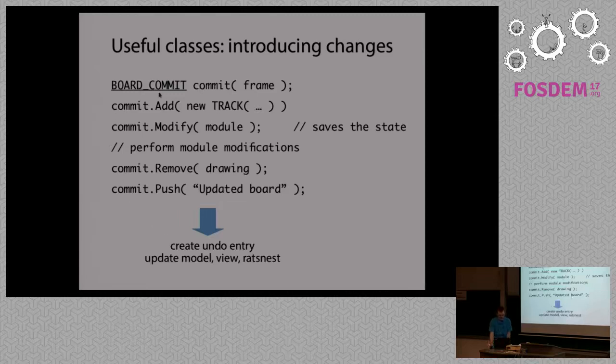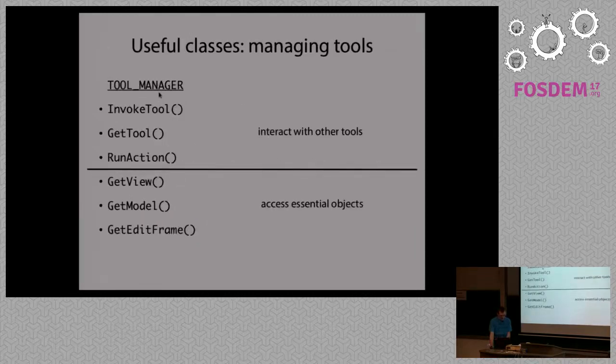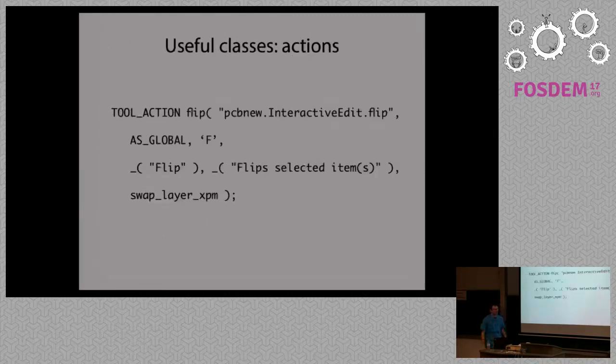There are also tool actions. A tool action represents an activity that you can perform in PCBnew. So, for example, if you are writing an action to flip a component, to flip a selection, you just create a tool action that is named usually in a way that first you have the tool, the application, then there's the parent tool, and there's the action that is performed.